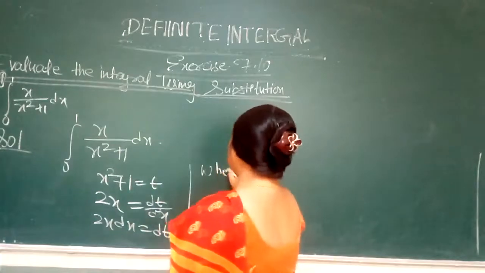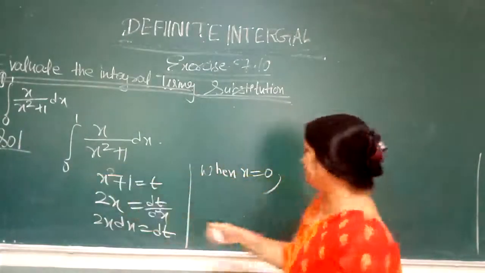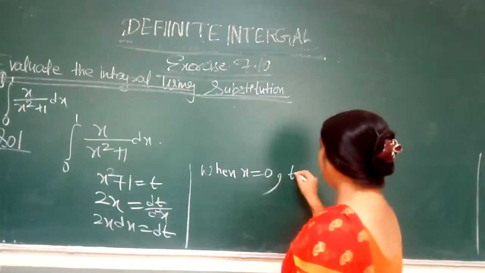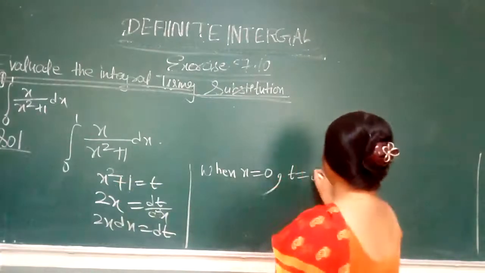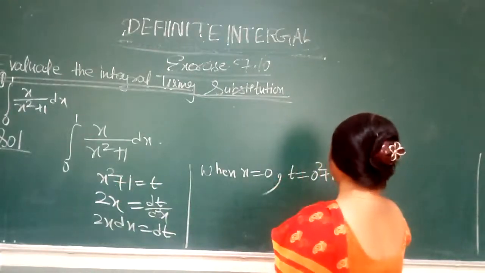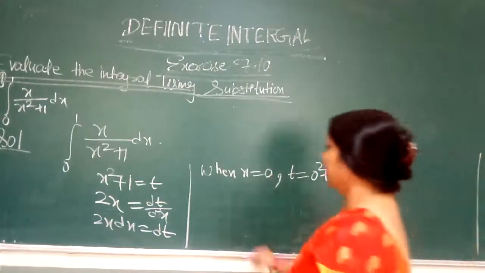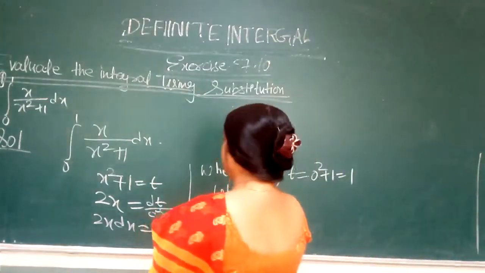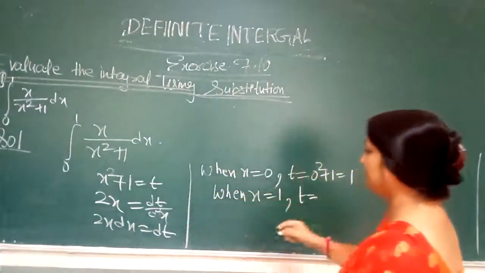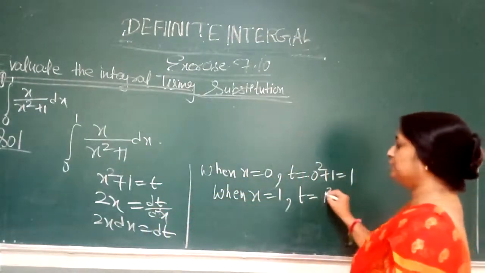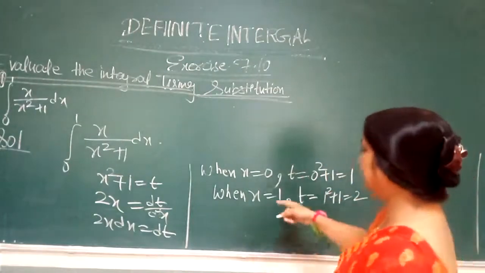When x is equal to 0, the value of t will be 0 square plus 1, so it will come 1. When x is equal to 1, t will be 1 square plus 1, that is equal to 2. So the limits are coming here.